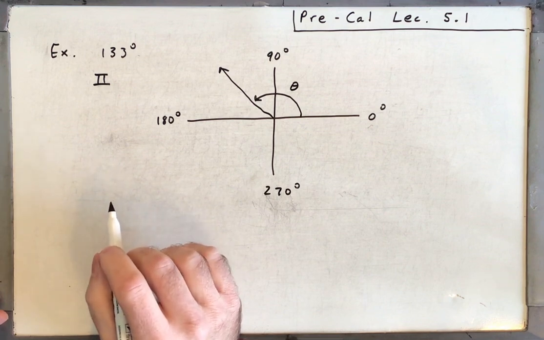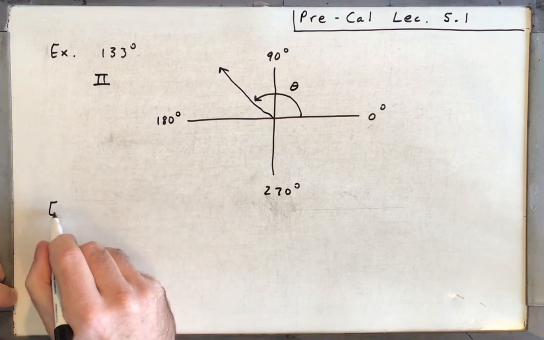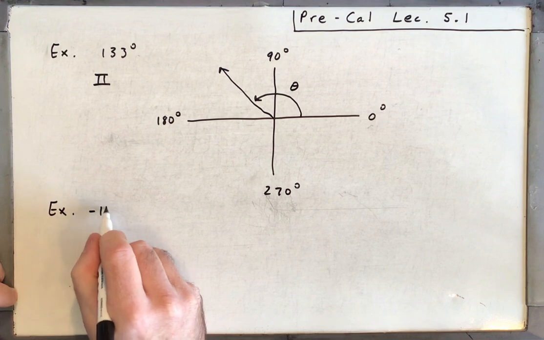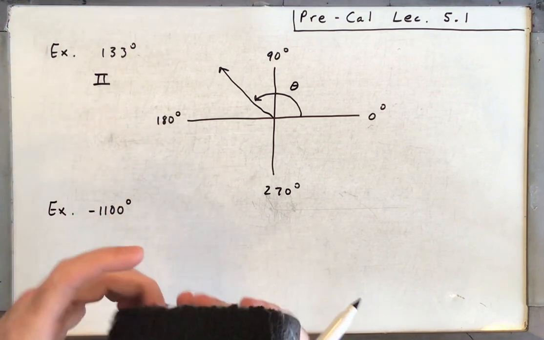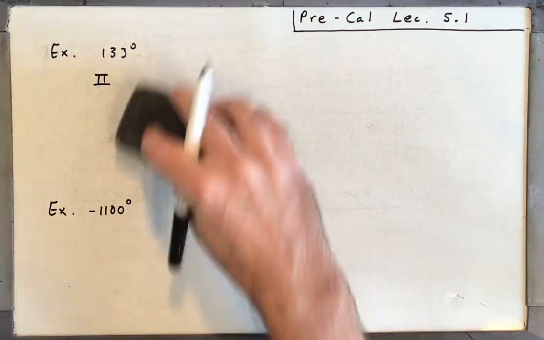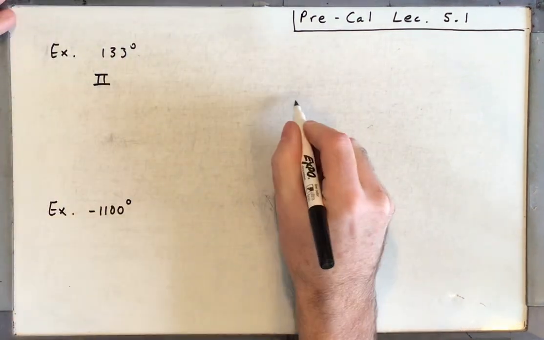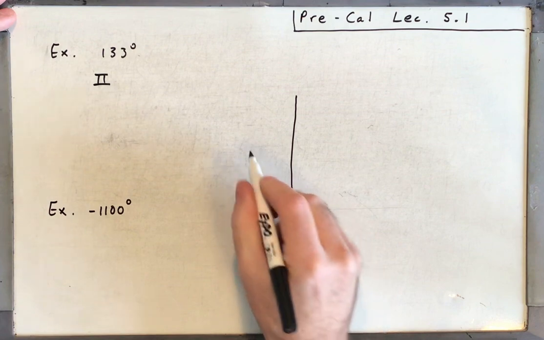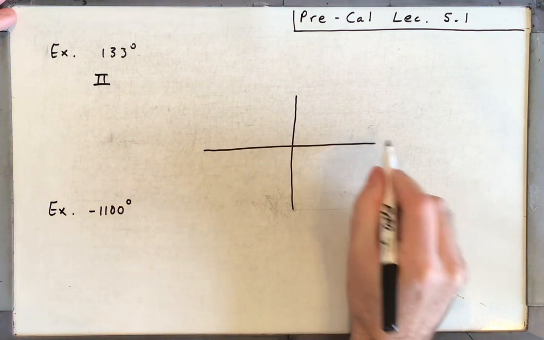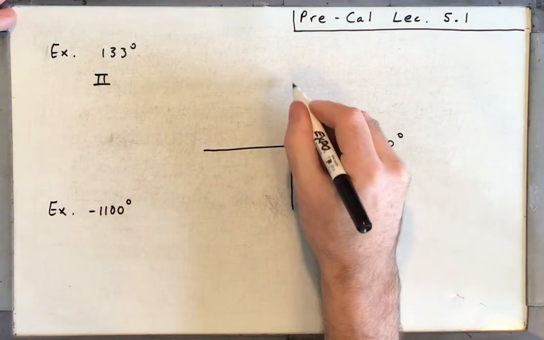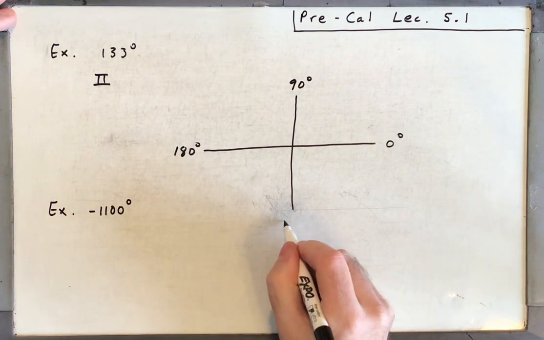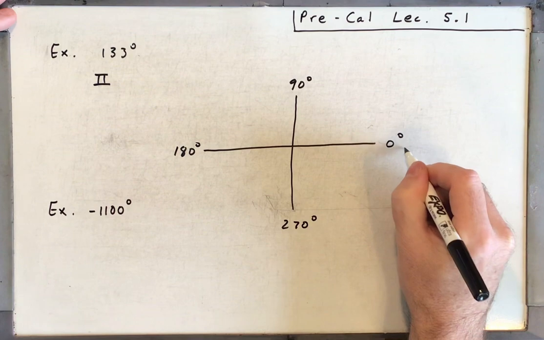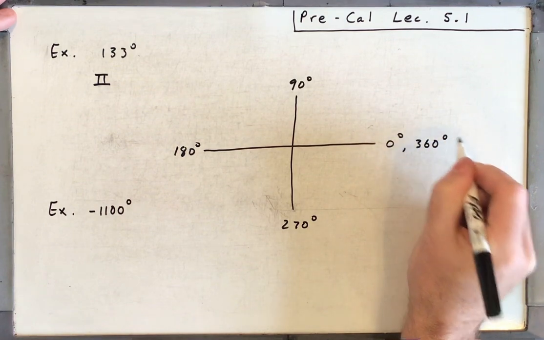Okay, the next example is, in what quadrant does negative 1100 reside? Okay, let me draw another coordinate plane. So again, 0, 90, 180, 270, and then back around to 360.